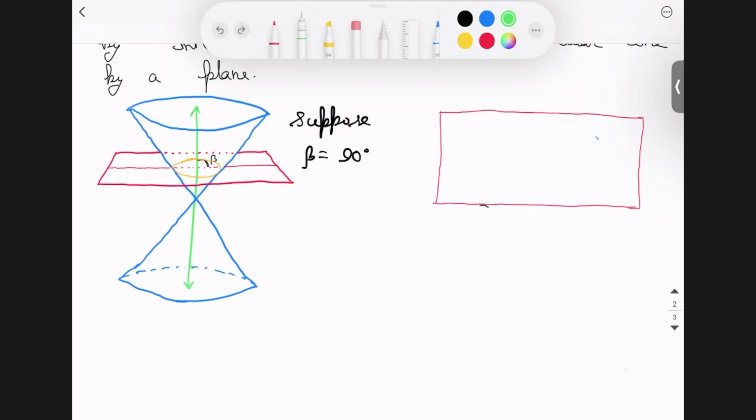Whatever we can see, I am drawing that first. So you will get a kind of this thing here, right? And from here, it will be looking like this.